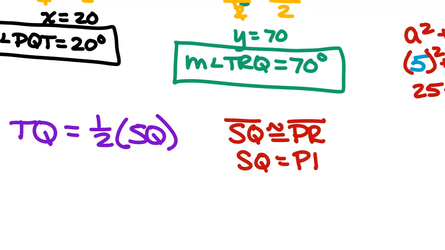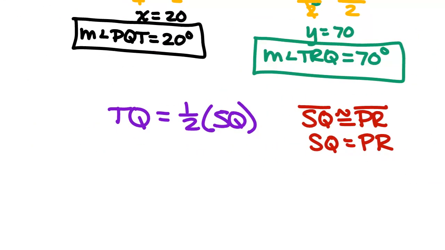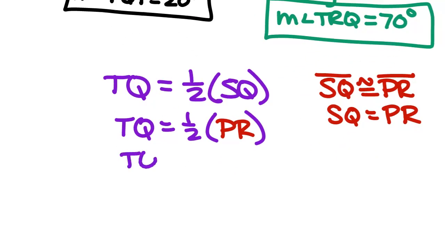So SQ is equal to PR, which means I can make a substitution here. Instead of SQ in the parentheses, I can replace it with something of equal value, PR. And how big is PR? So half of 13 would be what? 6.5.